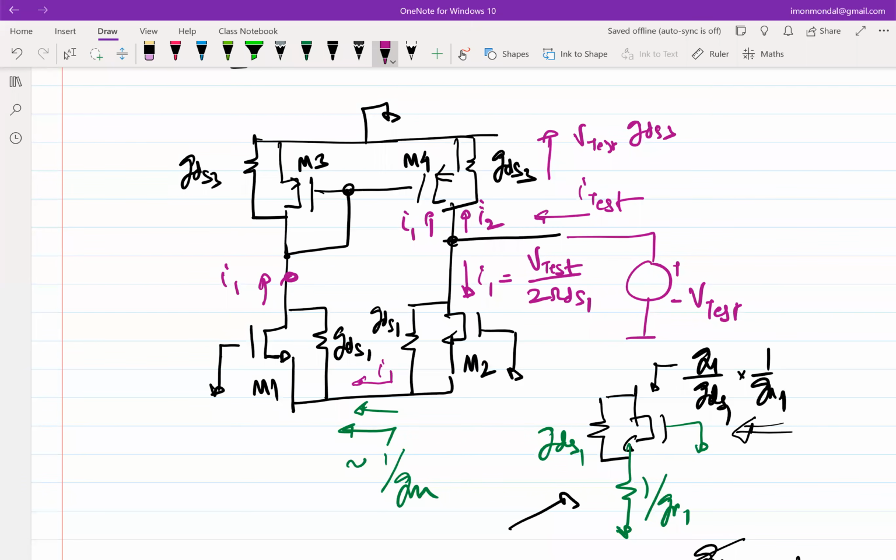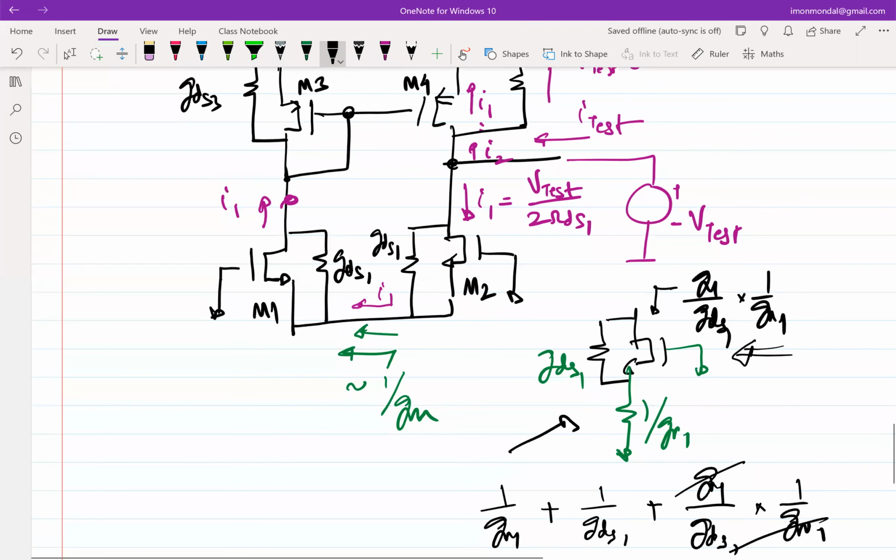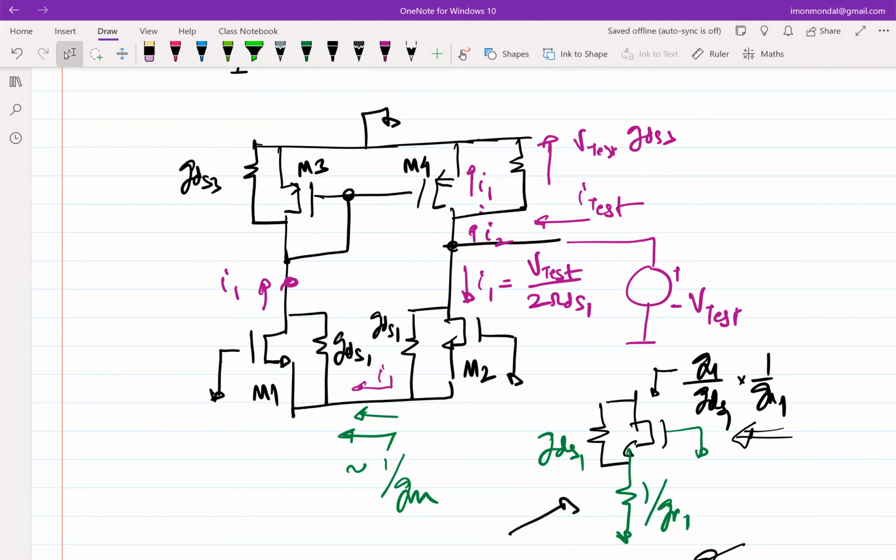So what is the total current that is flowing up then? What will be I2? I2 is the total current flowing up. Let me call it that and mark it. The total current that is flowing up is I1 plus V test GDS3.